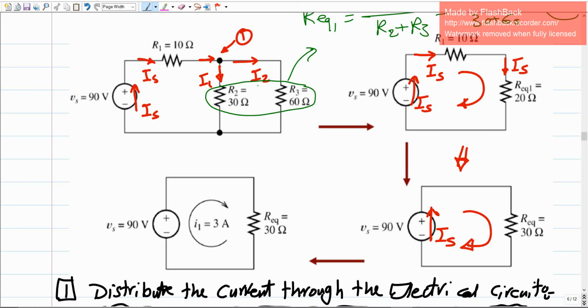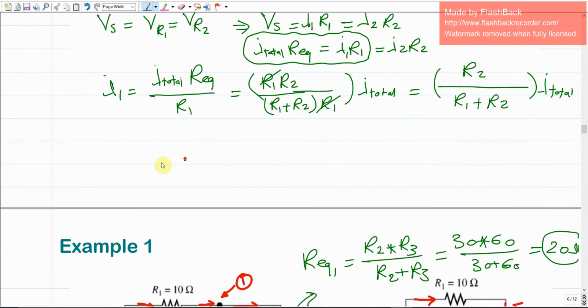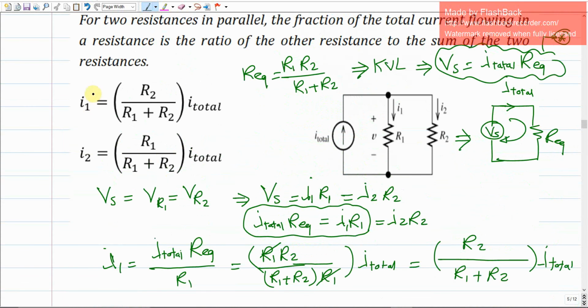only to parallel resistors, and they should be 2 resistors, according to the equation that we mentioned above. According to this equation, the current over one of the resistances should be the resistance of the other resistor divided by the sum of the resistances, times the total current which has been divided over them.